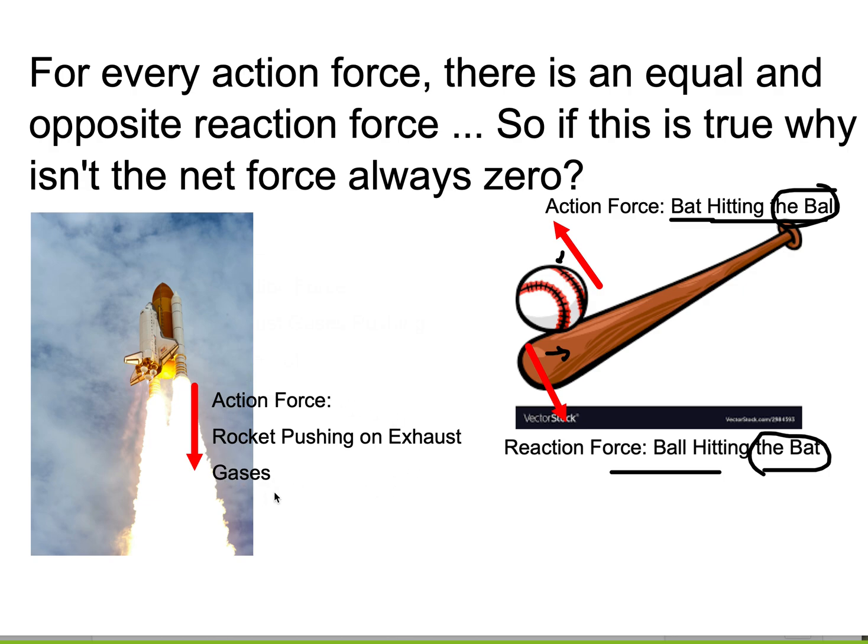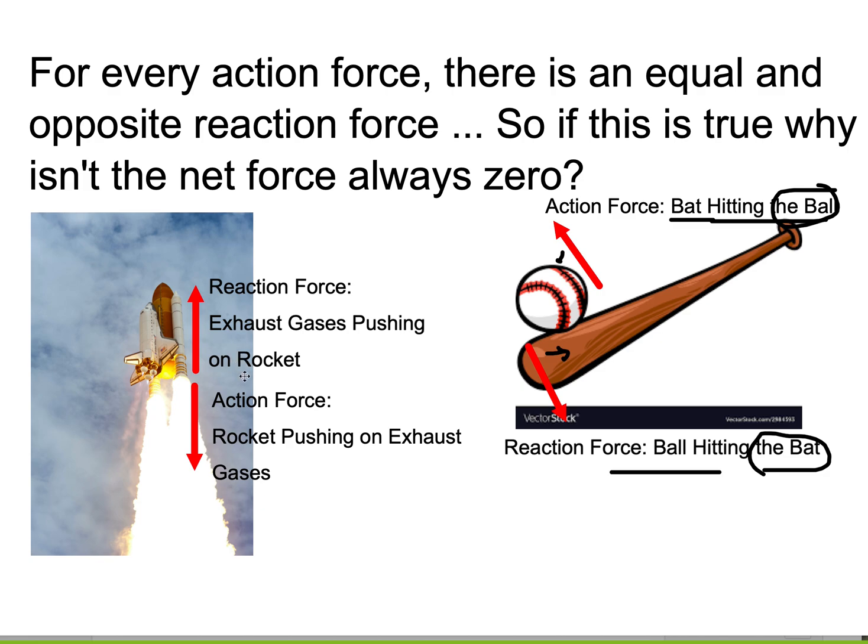So if the action force is the rocket pushing the exhaust gases down, the reaction force would be to go up, right. The reaction force would be the exhaust gases pushing on the rocket up.